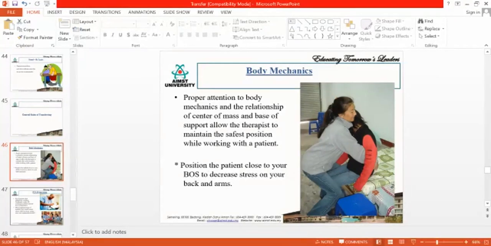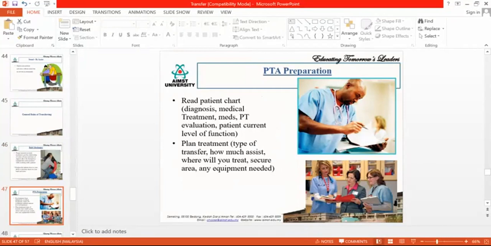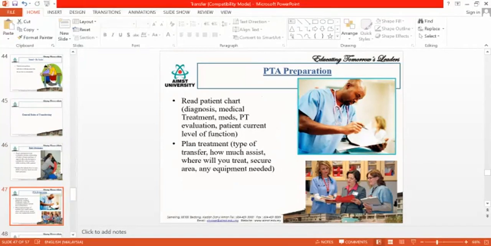Okay, then another thing is, whenever you are transferring a patient, you need to make sure you read the medical diagnosis and the records properly, because sometimes the patient might have taken some medications so that the patient will be sleepy, may not be able to listen to you carefully, and may not follow your guidance.